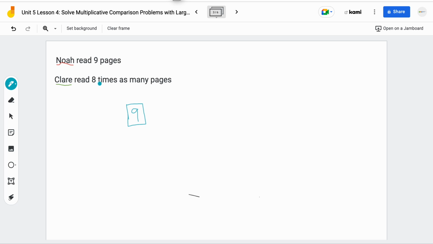Okay, and Claire, she read 8 times as many pages. So we're going to draw a tape diagram here representing 8 times as many. So you have 1, 2, 3, 4, 5, 6, 7, and 8. 1, 2, 3, 4, 5, 6, 7, 8.